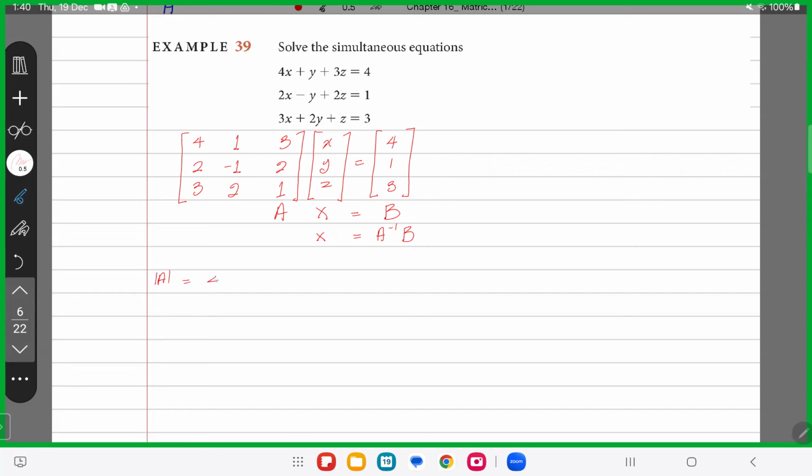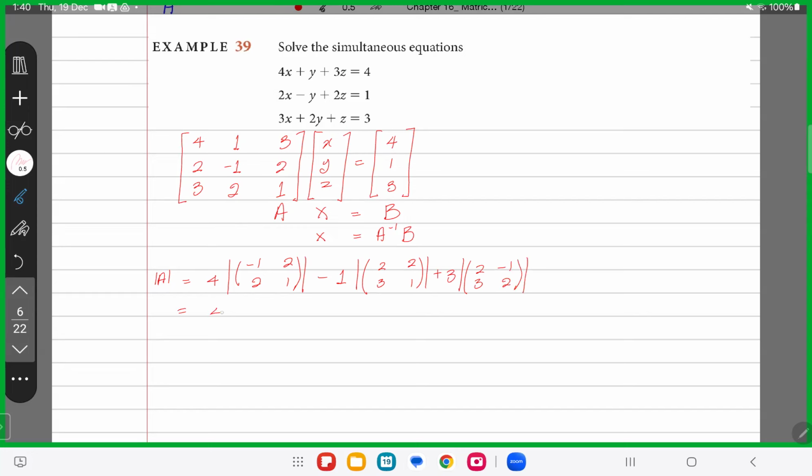So the determinant of A is equal to 4 times the determinant of -1, 2, 2, 1, minus 1 times the determinant of 2, 3, 2, 1, plus 3 times the determinant of 2, 3, -1, 2.